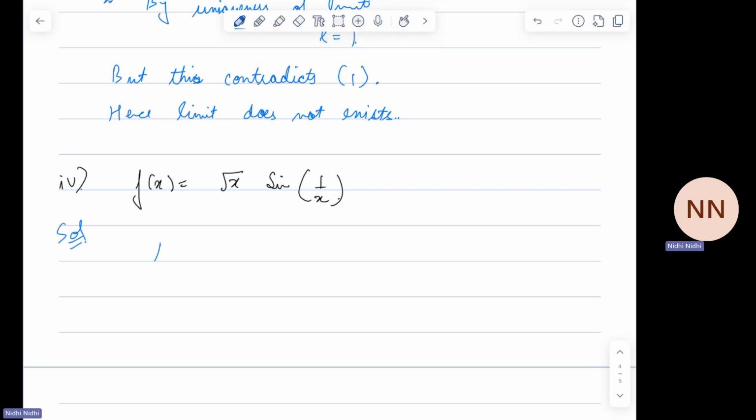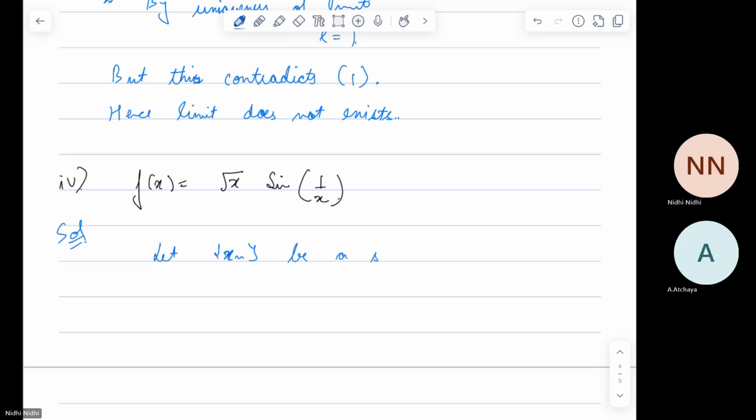Solution. Now let x_n be a sequence converging to 0, such that the limit as n tends to infinity of x_n is equal to 0.